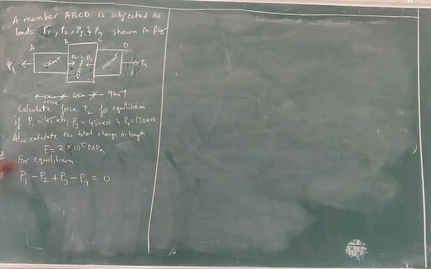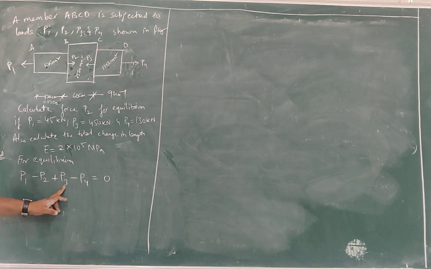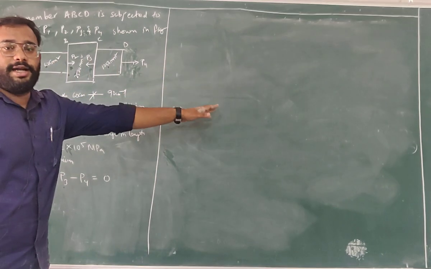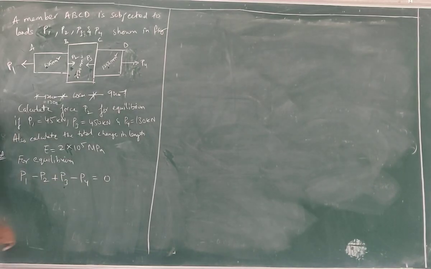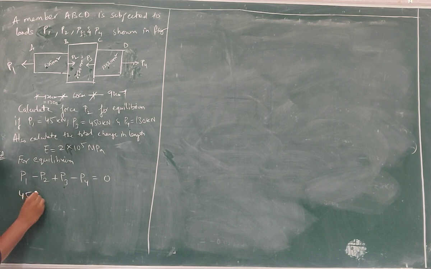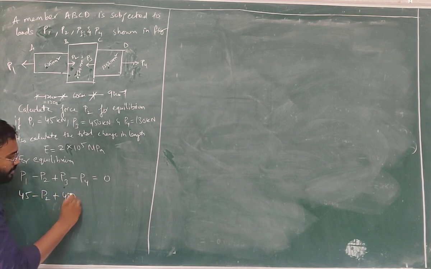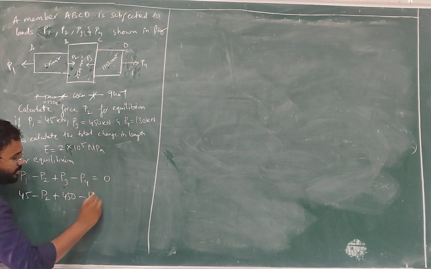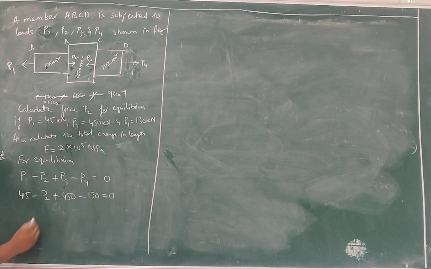Or simply, all forces moving towards your left I'll take positive, all forces moving towards your right I'll take negative. So this should be equal to 0. What is P1? 45 minus P2 plus what is P3? 450 minus P4 is 130 is equal to 0. Tell me what is P2 from this?